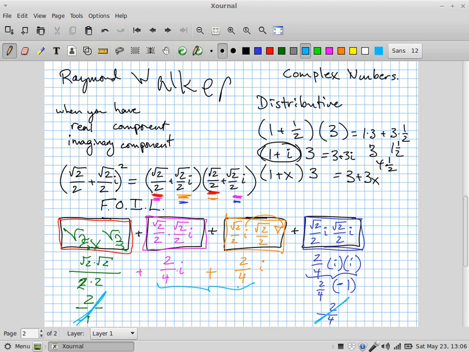Now this one is going to simplify quite a bit. What about 2/4 plus 2/4? That would be 1. That's right. It's 4/4 or 1. And you still got the i on both of them, so you group the like terms. And you've got 1 times i.